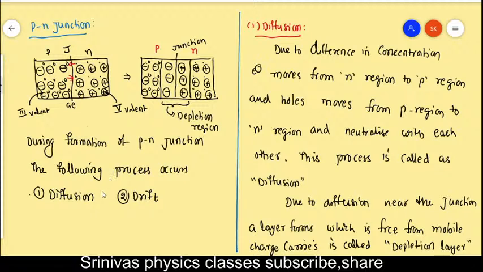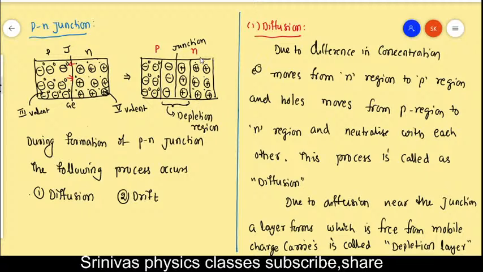And now I'm going to explain one more process. Before that, why have all the other electrons here, the remaining electrons, also not moved? Why do they not move from N region to P region and from P region to N region? That question will come here. This is my doubt.